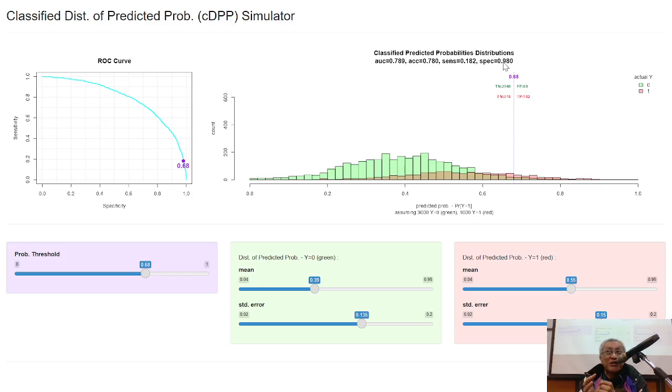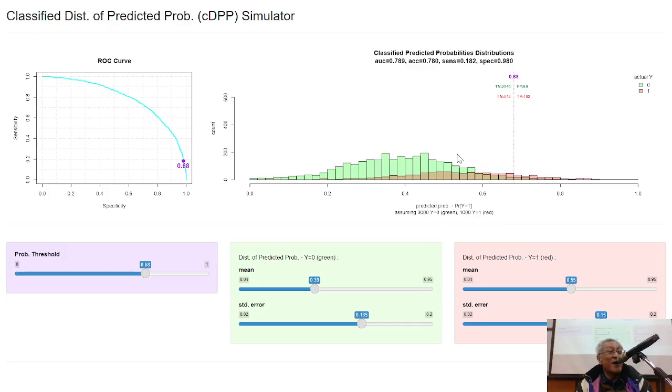Here comes the question. For every specific business context, sometimes you want to emphasize specificity, sometimes you want to emphasize sensitivity.